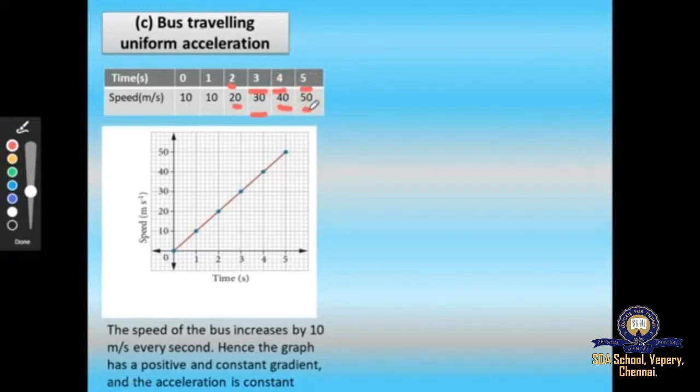The graph is plotted by taking time along the x-axis and speed along the y-axis. The speed of the bus increases by 10 meters per second every second. Hence, the graph has a positive and constant gradient, and the acceleration is constant.